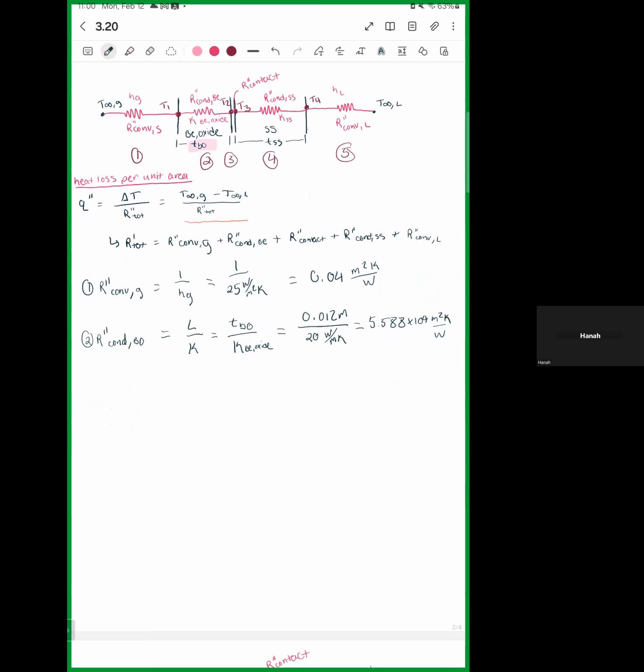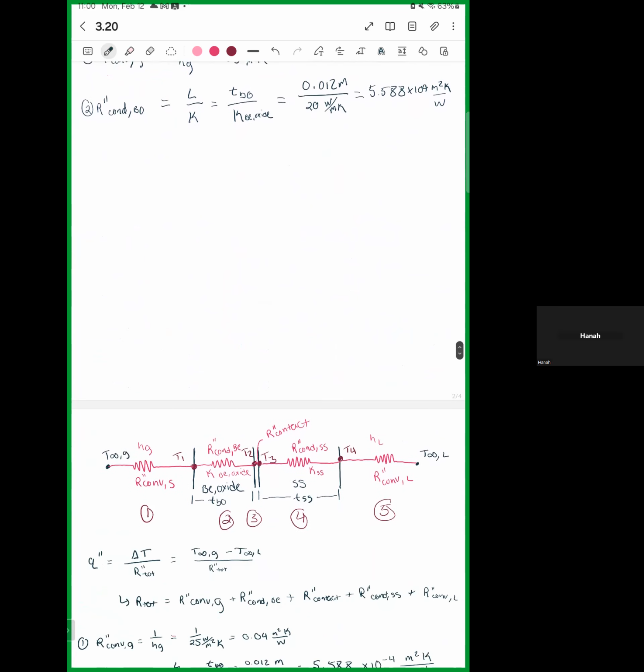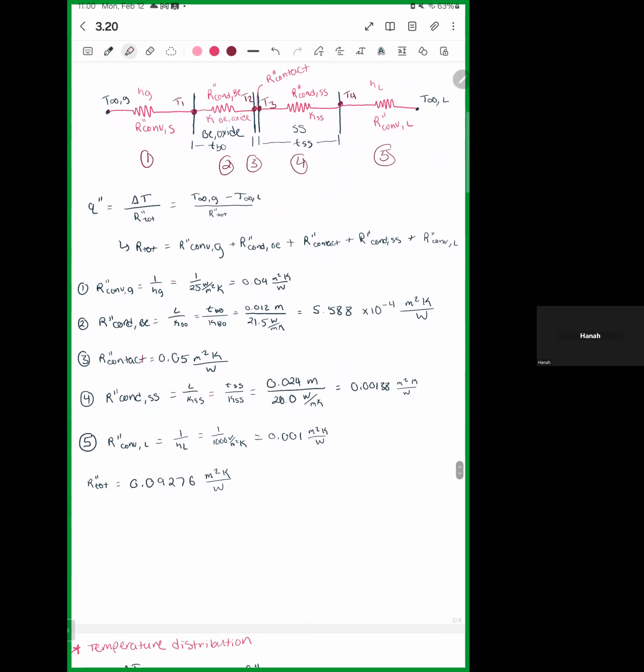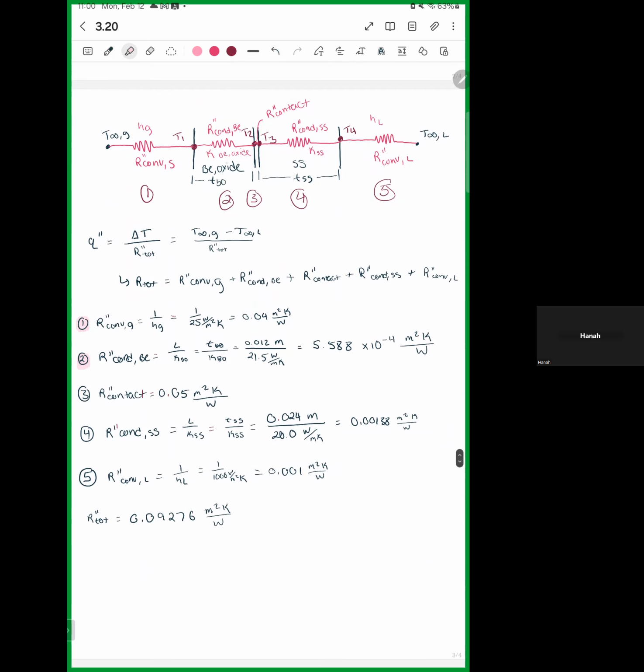And just to save some time, I have the rest written out here. It'll be the same. So we already solved for 1 and 2. The third resistance is just the contact resistance, and that was given to us. The fourth resistance is actually the same system as the second because it's conduction.